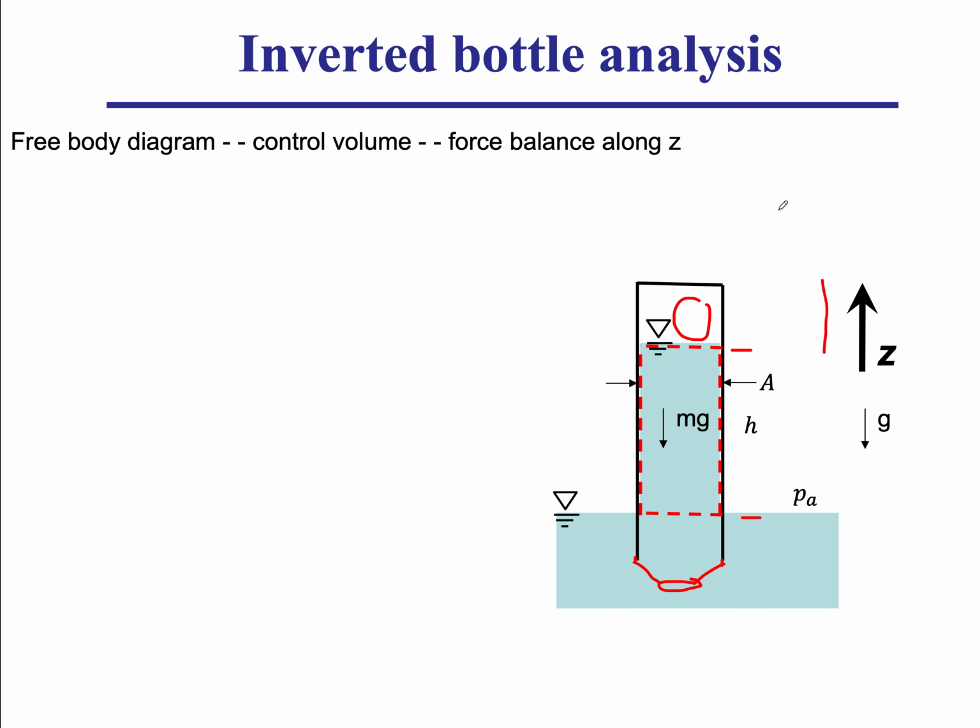So what are the forces acting on my red control volume here? Well, I have its weight. That's the natural one. Weight is pointing downward.